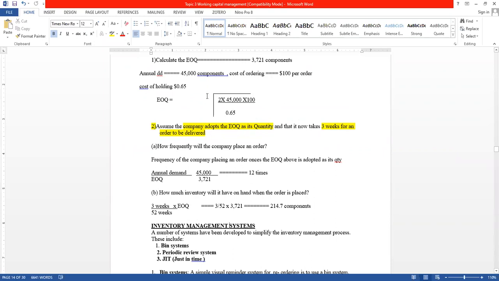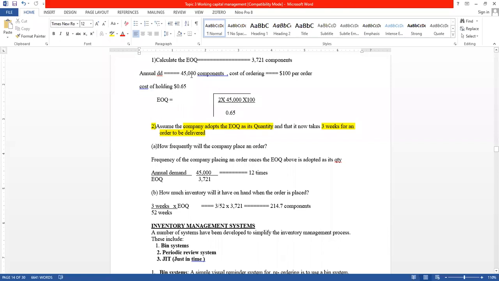Or alternatively, if you decide to use the 45,000 components, you multiply by the purchase price. That means even the cost of ordering, you multiply by the components, then the cost of holding, you also multiply by the components.